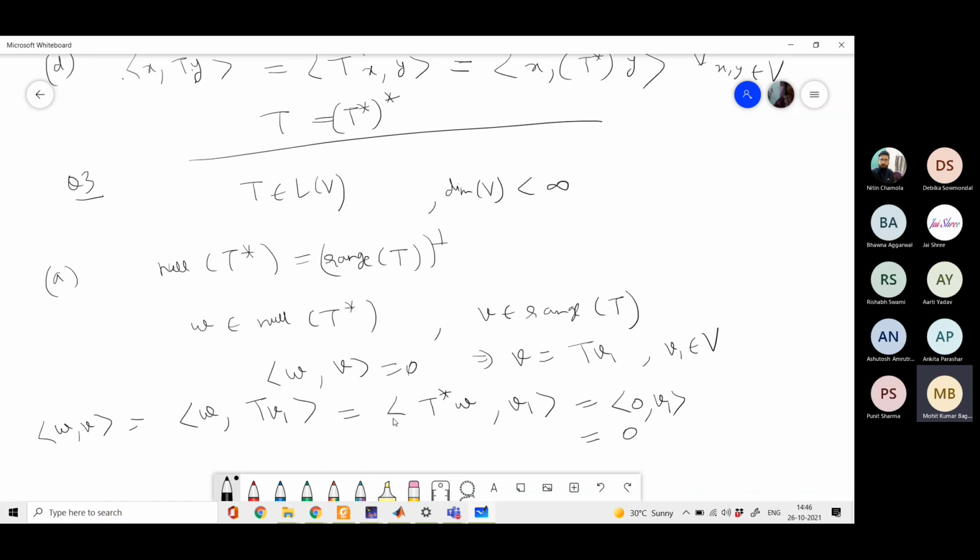So any doubt? Also, you can do it element-wise: you take one element here and then try your argument, and we will discuss why we are not doing it that way. So can you do part D?